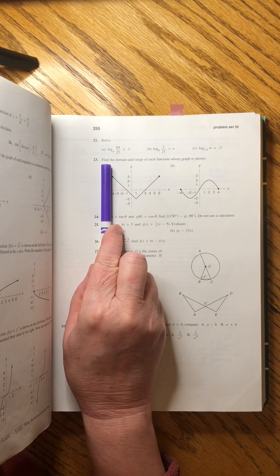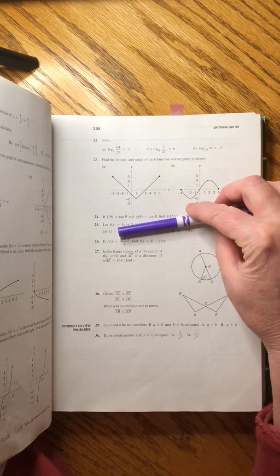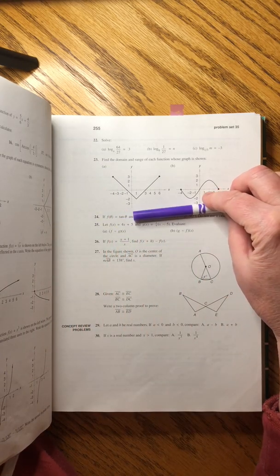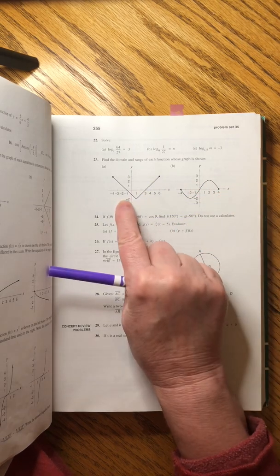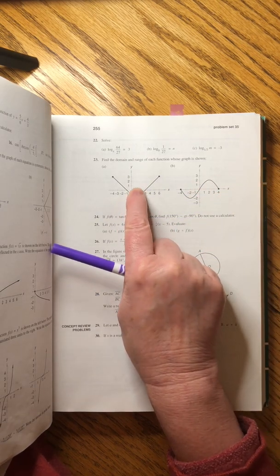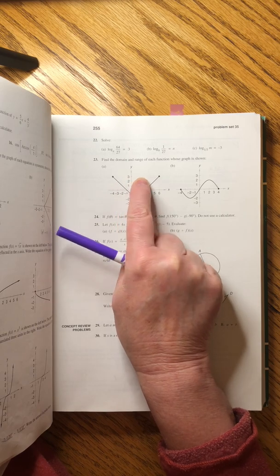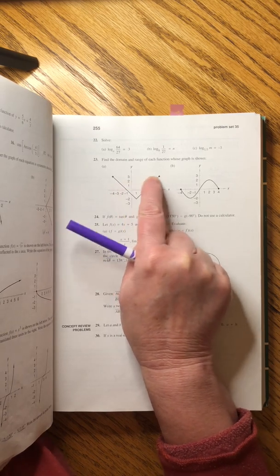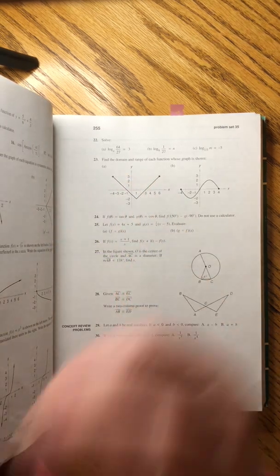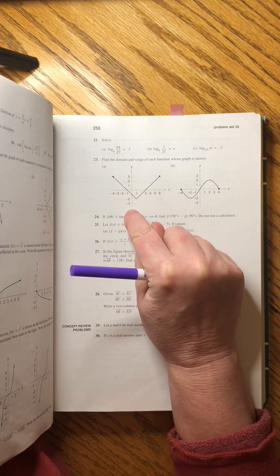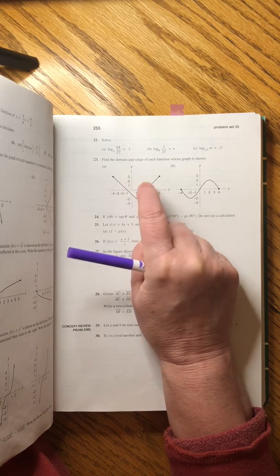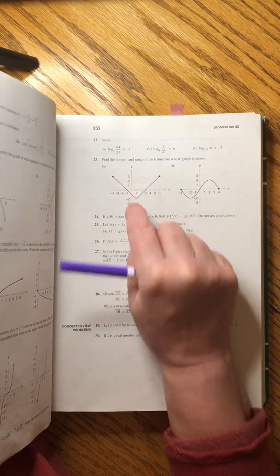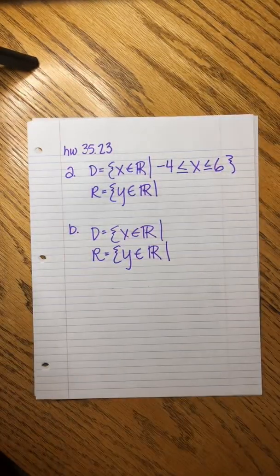Now, when we want to find the range, we just flip our perspective, and now range we associate with the y-axis. So now we're just looking at the y-axis. What's the lowest point? Well, that's down here, right? -2. And what's the highest? 3. John very helpfully labeled just up to where our number comes in. So the range will vary between -2 and +3, and we will include those values in our inequality.